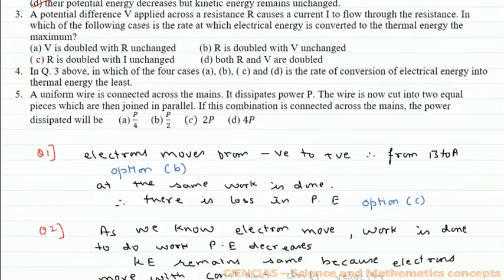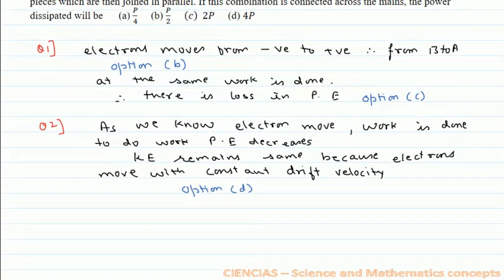Now we will solve for this part, number 3. Now for case A, power is equal to, potential is doubled, V square upon resistance is the same. So this becomes 4V square upon R, that is equal to 4P.